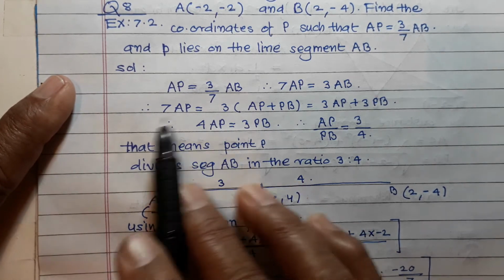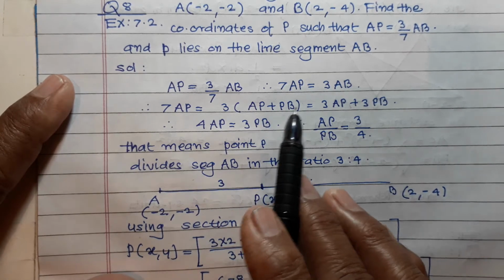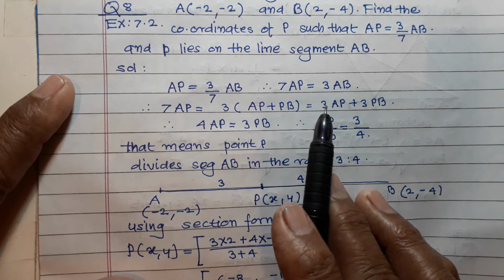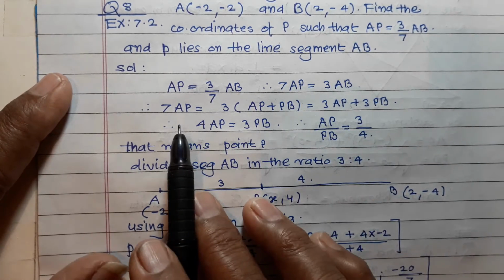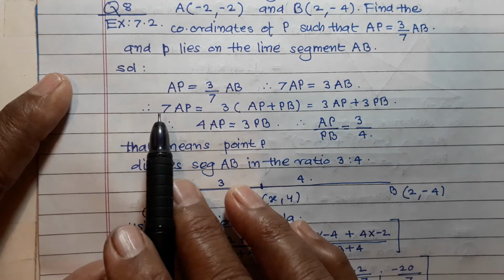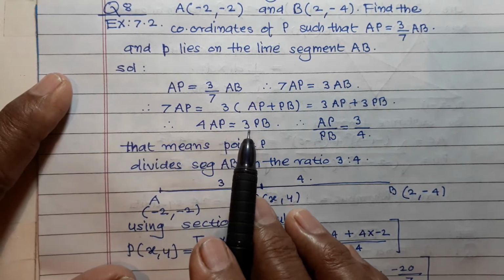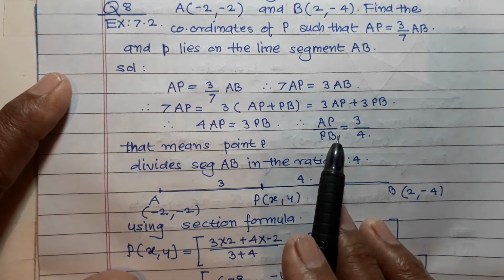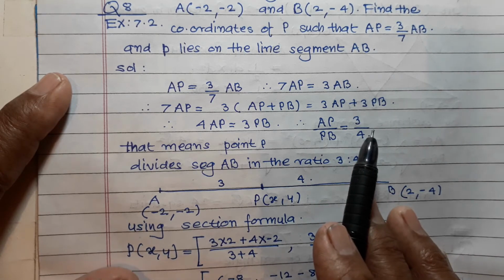So 7AP = 3(AP + PB), and if you simplify, this is 3AP plus 3PB. Transfer the 3AP to this side. Therefore 4AP = 3PB, and therefore AP/PB = 3/4.